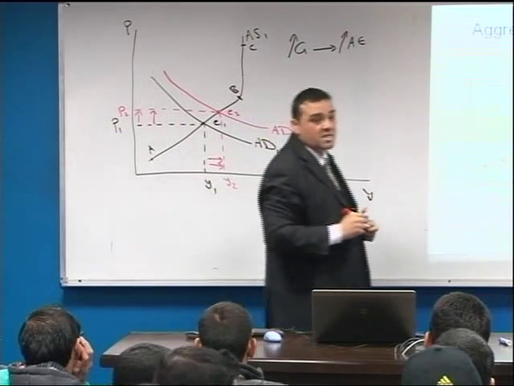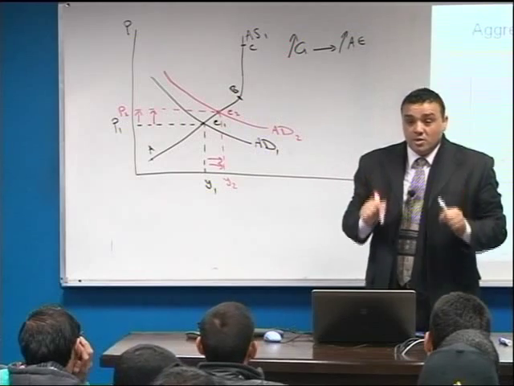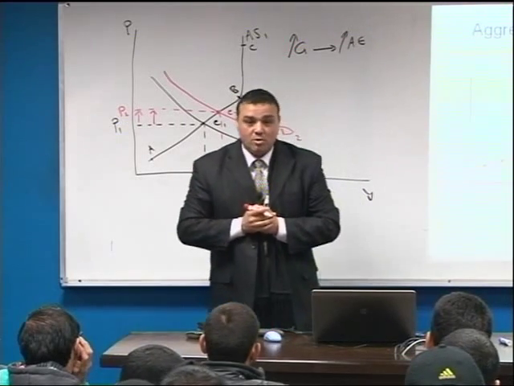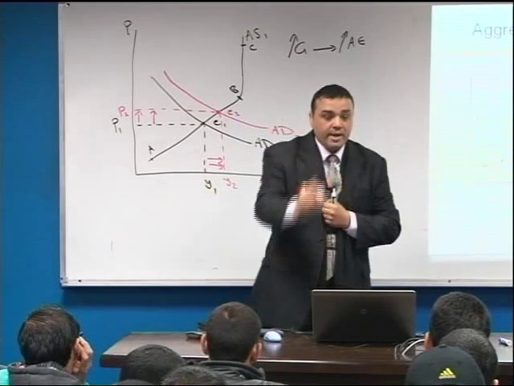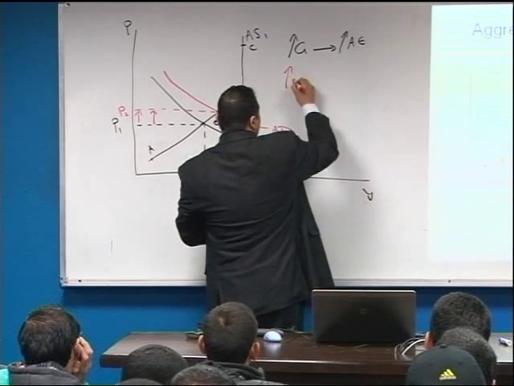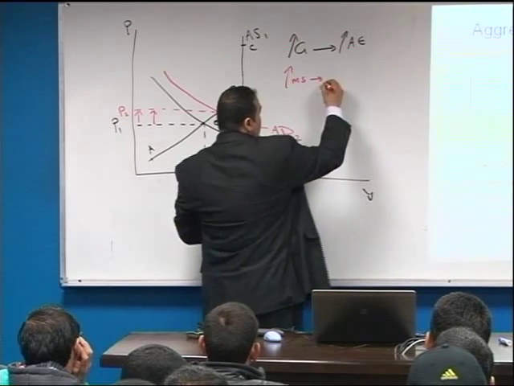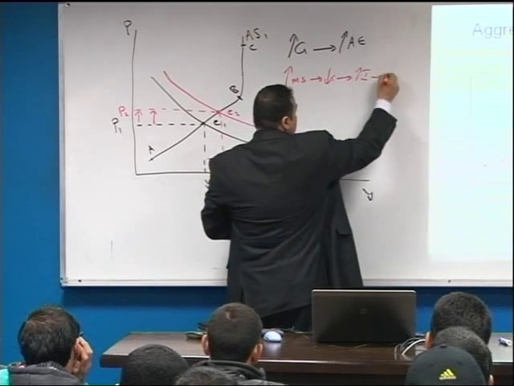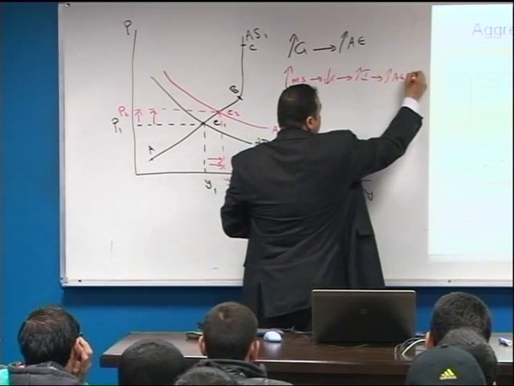Suppose the central bank also used an expansionary monetary policy. اللي هو Federal Reserve System عمل expansionary monetary policy by increasing the money supply. Decrease R, increase I, increase aggregate expenditure or aggregate demand.